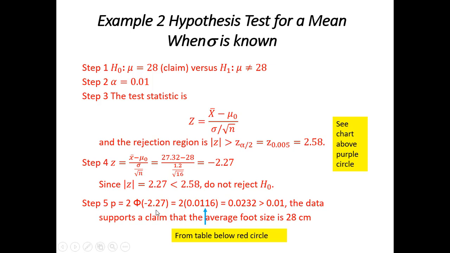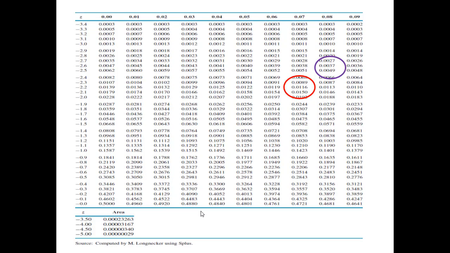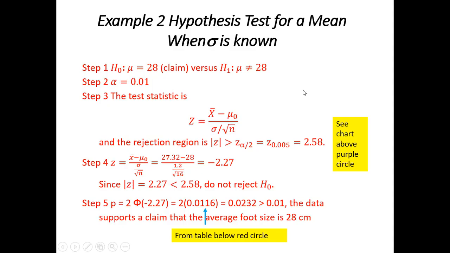So if we look up minus 2.27 in a normal table, which we'll take a look at over here, here's minus 2.2, I would come over here, and minus 2.27 would be in this column. I would get 0.0116. Okay, so that's phi of negative 2.27. We have to double that, so our p-value turns out to be 0.0232.